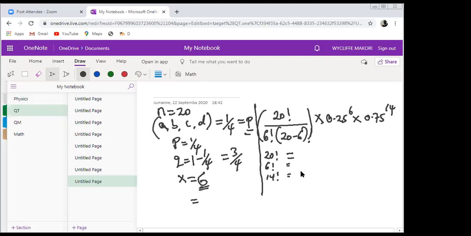We say 20 factorial divide by, and then we put a bracket, 6 factorial, times 20 minus 6, which is 14, times 14 factorial. Then you close the bracket and you say is equals to what?